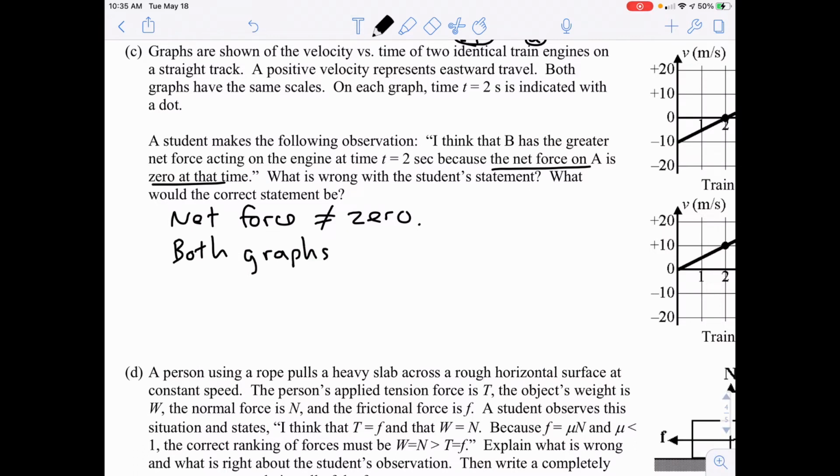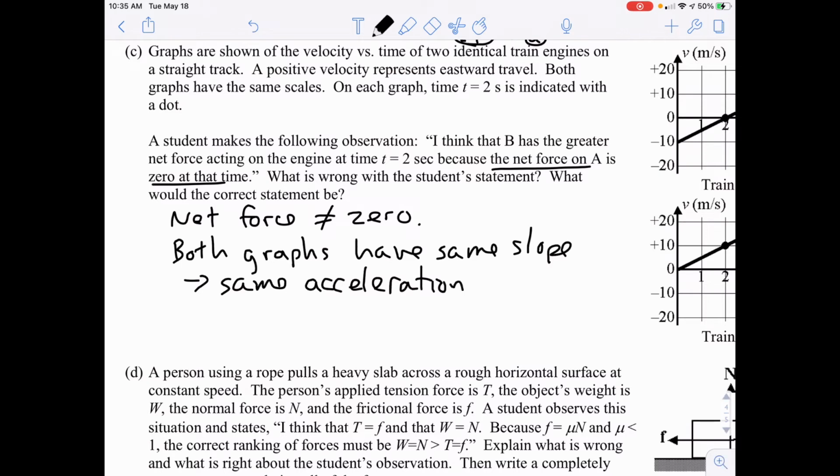Both graphs have the same slope, which means they have the same acceleration, which means they have the same net force.